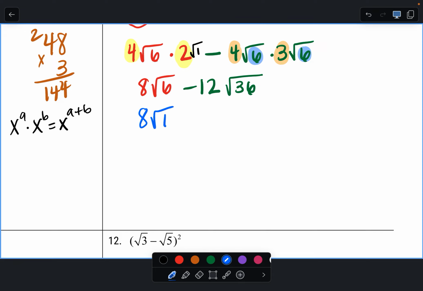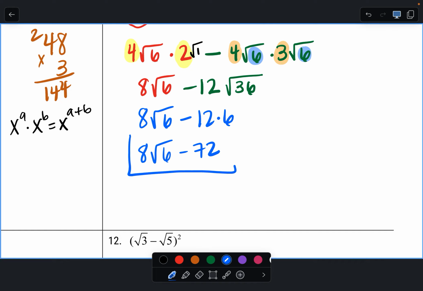What is 4 times 6? 24. And we've already said that 16 times 3 is 48. And anything that you get in the end that is just whole numbers, you just simplify it. What's 24 minus 48? -24. There we go.